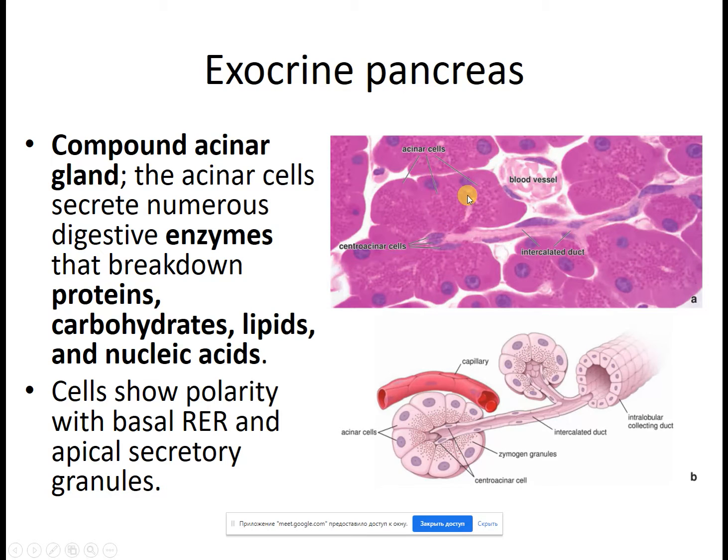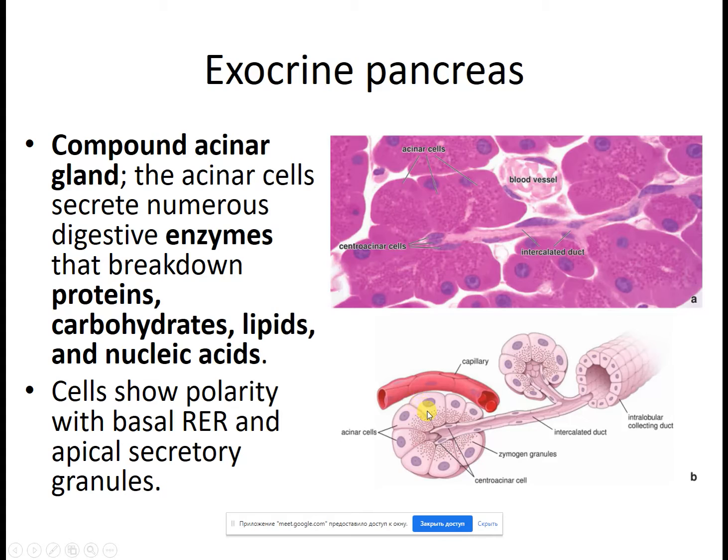That's why what we see here are acinar cells, which are typical acinar cells, discussed in the second semester of histology, or in the first semester of histology. These cells are zymogen-producing cells, and they possess zymogen granules.